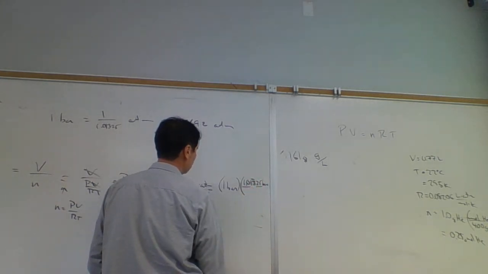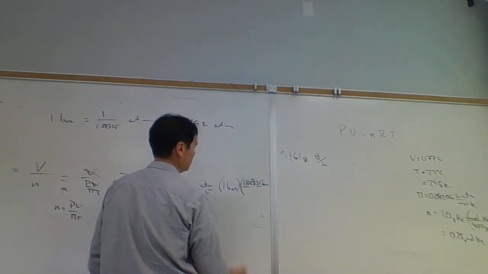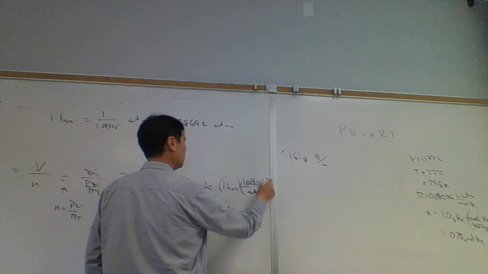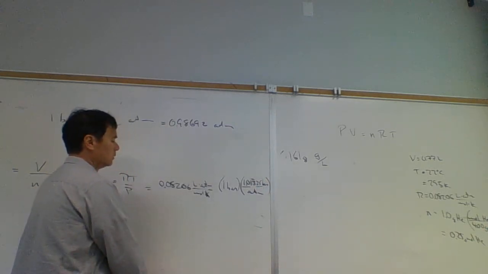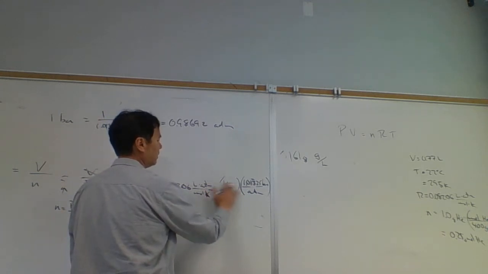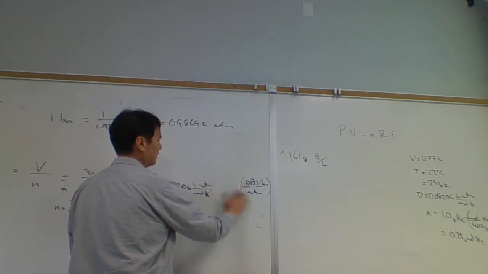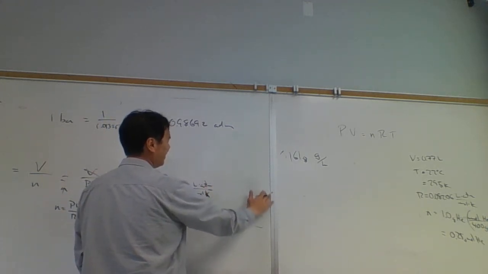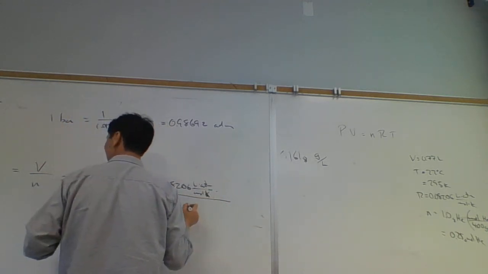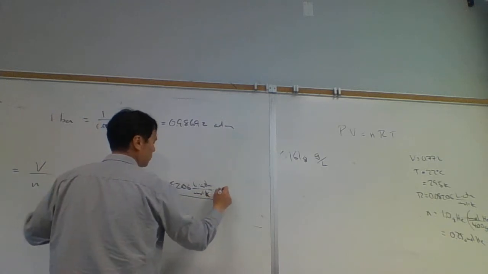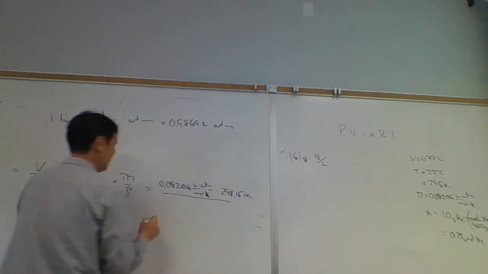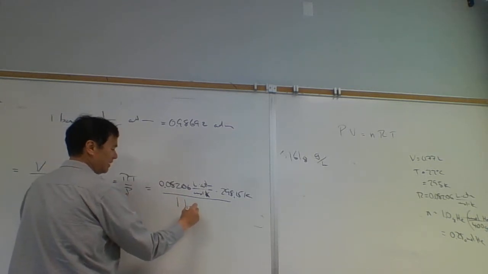Did I do this right? No, I need to cancel out. Sorry, I didn't do this right. So I have R times T. T is 298.15, divided by P. P is 1 bar.